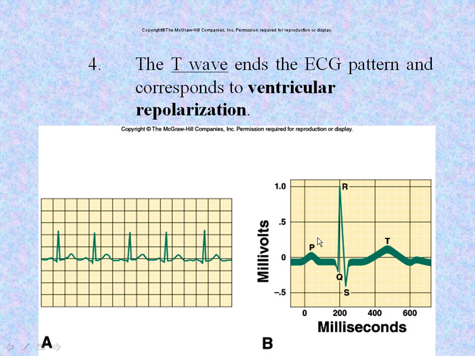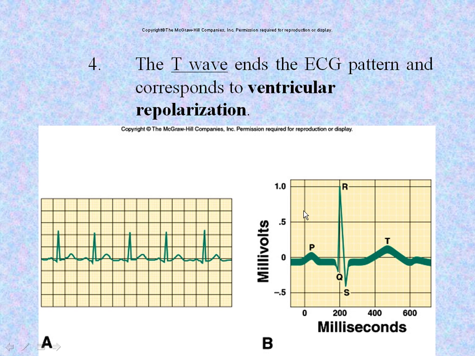Now the P wave comes from the atria contracting, or basically the atria depolarizing, or getting their signal to contract. During the QRS wave complex, the big one, the atria are repolarizing, while now the ventricles are depolarizing. So there's a lot of electrical activity there, so we get a big QRS wave complex in the middle there. And then lastly, we have the T wave.